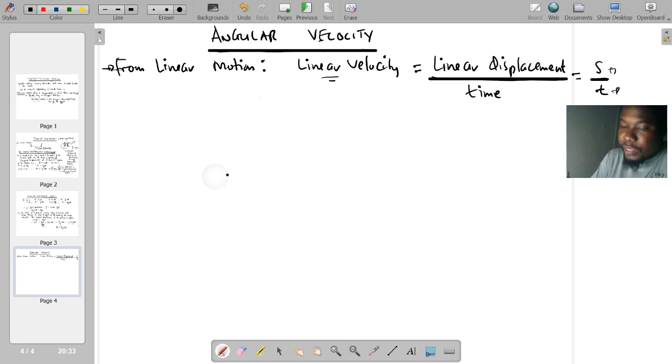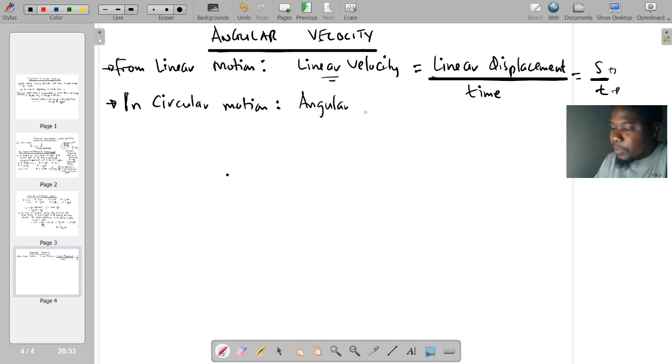Now, owing to the same idea, in circular motion angular velocity is equal to angular displacement over time, instead of linear displacement.